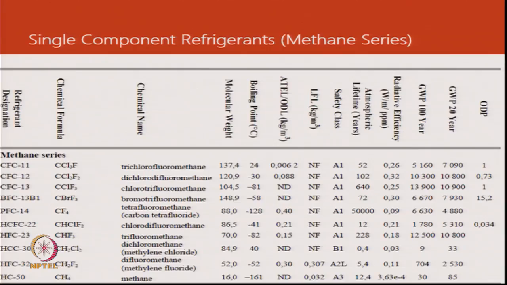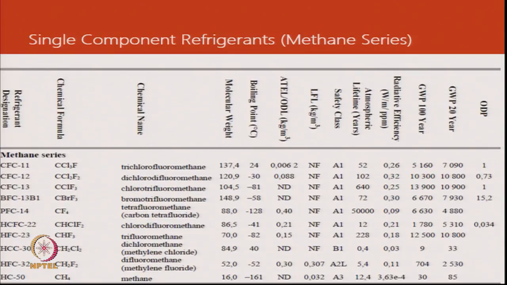So here we can look at R11, 12, 13, they are all now history. Then R22 or HCFC 22 is going to be history soon, but we will see it being used for products that were already in production before 2017. R32 or HFC 32 is an emerging refrigerant, and then there are a few others.